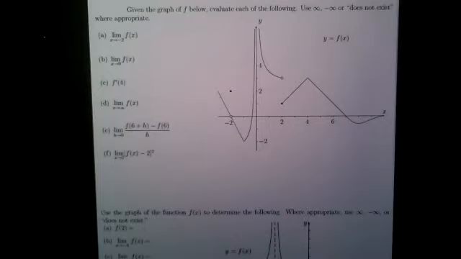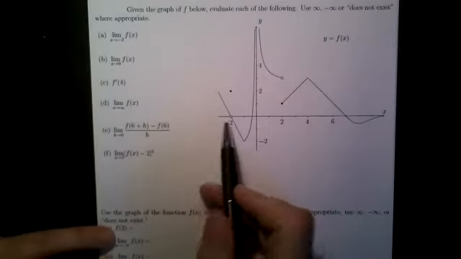Irina? Yes, hi. When you approach -2, we have to look at both sides, from the left and from the right. Perfect. So from the left, when we approach it, it's going to be 3.